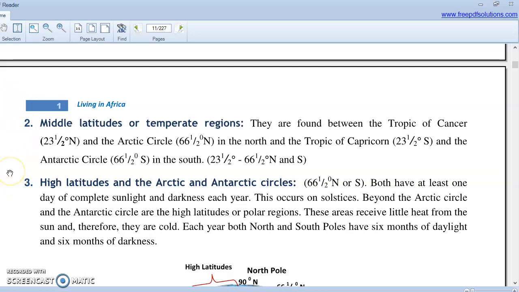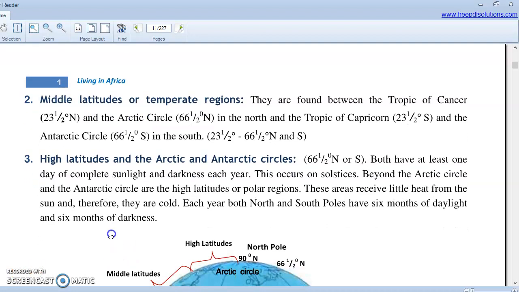The high latitudes, the Arctic and Antarctic Circle, both have at least 1 day of complete sunlight and darkness each year. This happens on the solstice. As we said, on the solstice the low latitudes or tropics receive vertical sun rays. When we come to the high latitudes, on the solstice they have at least 1 day of complete darkness or 1 day of complete sunlight.